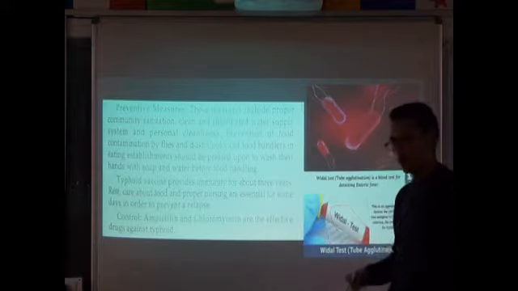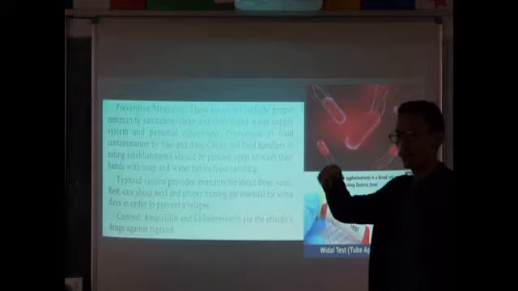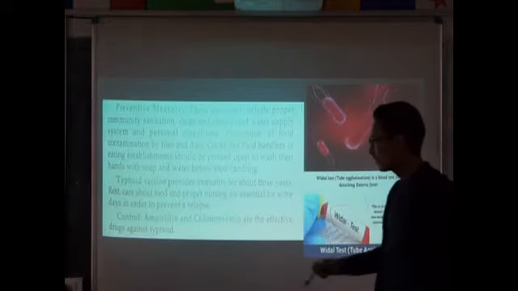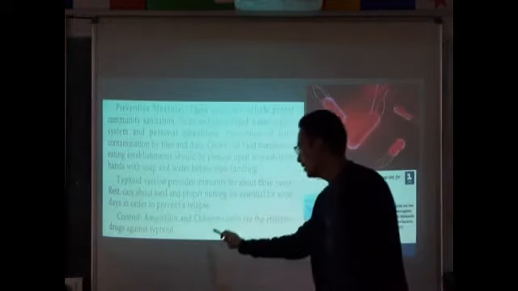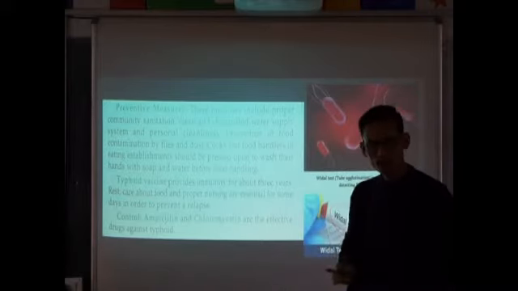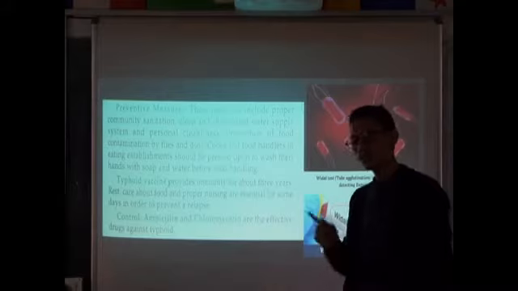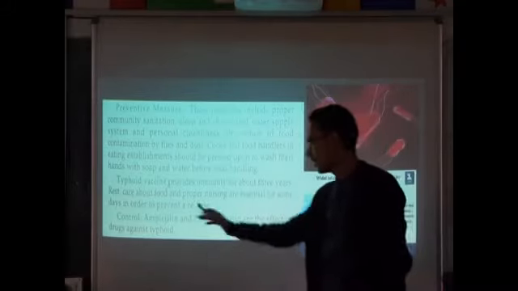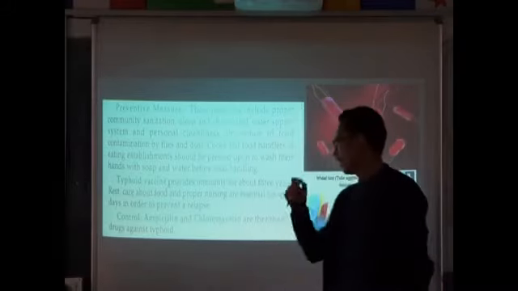Then, control. There are certain drugs which can be given to those individuals who are suffering from typhoid. The names of those drugs are ampicillin and chloromycetin. So kindly remember the names of the drugs which are given to those individuals suffering from typhoid: ampicillin and chloromycetin.